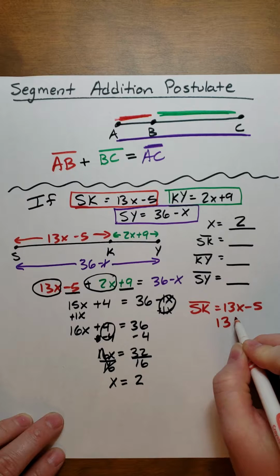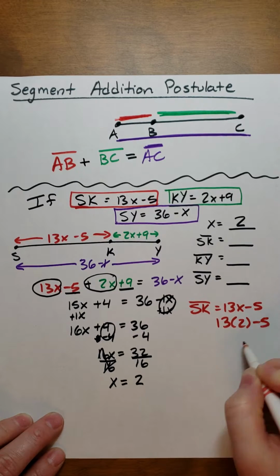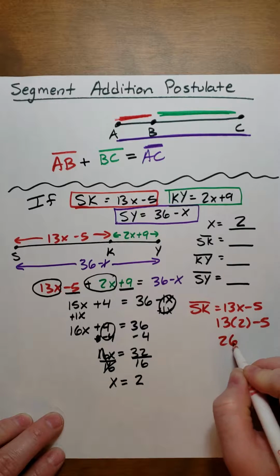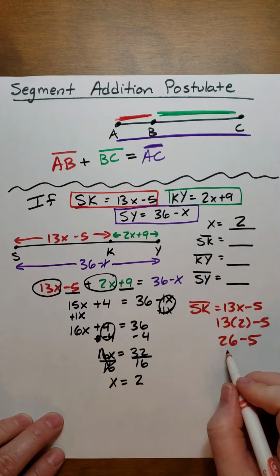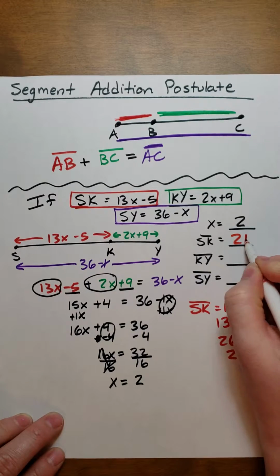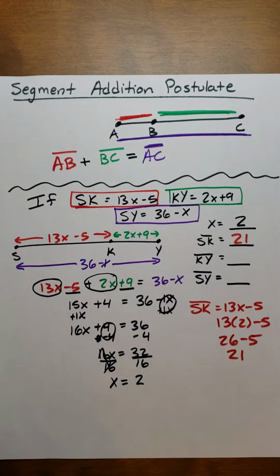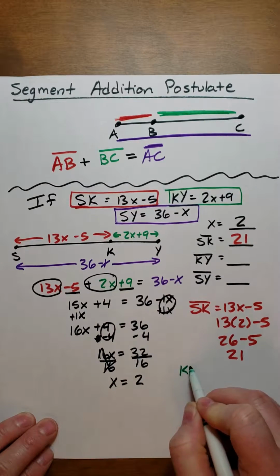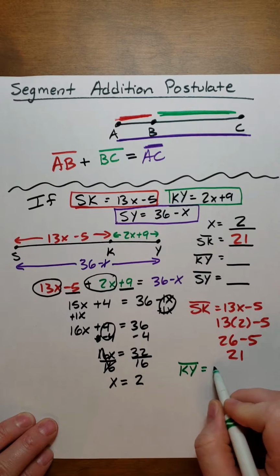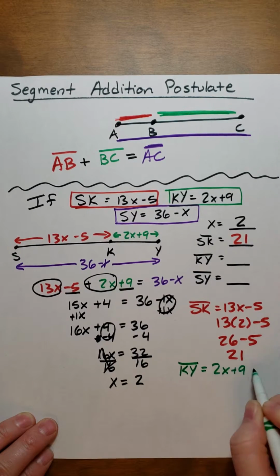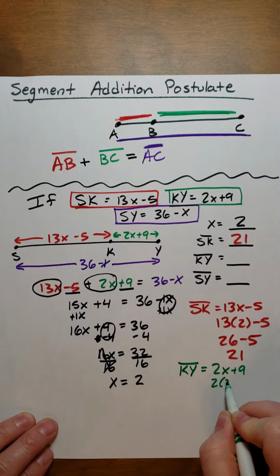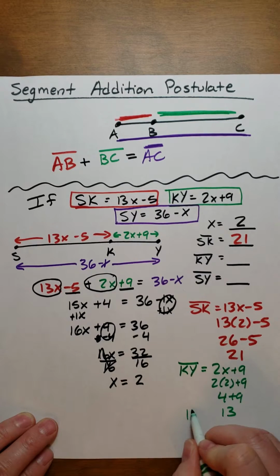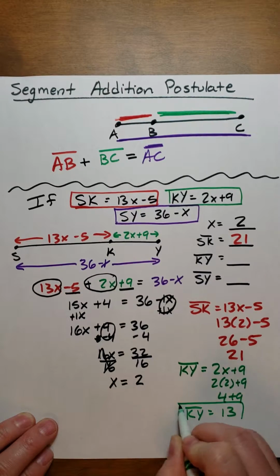So that's 13 times 2 minus 5. 13 times 2 is 26, minus 5, that's 21. So we have our distance of SK. Next is KY, which is my green color. The distance of KY is 2x plus 9. We know that x is 2, so that's 4 plus 9, which is 13. So the distance of KY is 13.